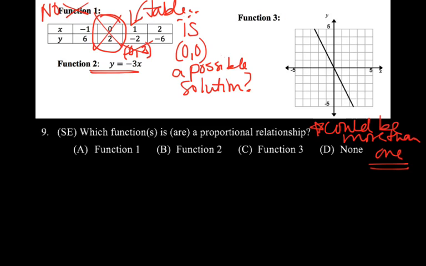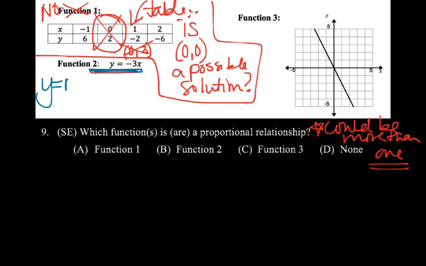Function number 2. Okay, and I'm going to use different colors for you here. So for function number 2, when you're given an equation, if it's in the form y equals mx, it's always proportional.